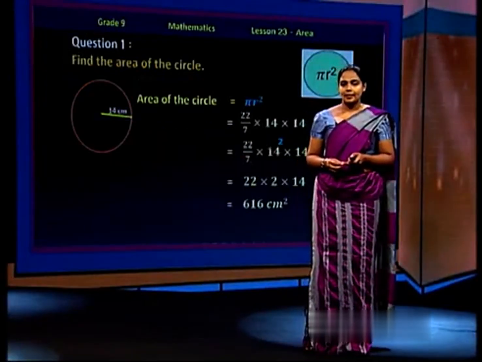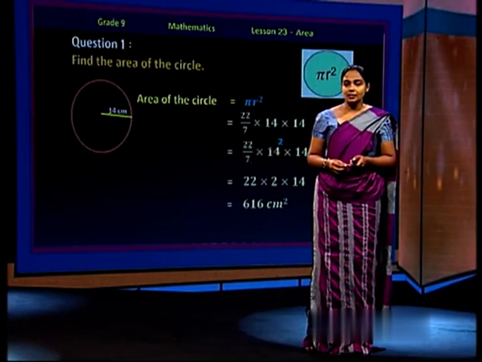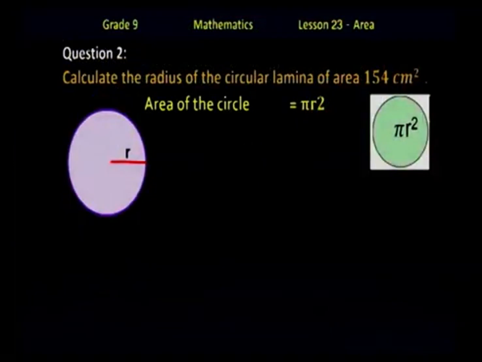Now, you can find answers for another question. Calculate the radius of the circular lamina of area 154 square centimeters. Now, what happened? It is not to find the area, but you should find the radius. Same thing, we have the formula: area is pi r squared. The area of the circle is known.